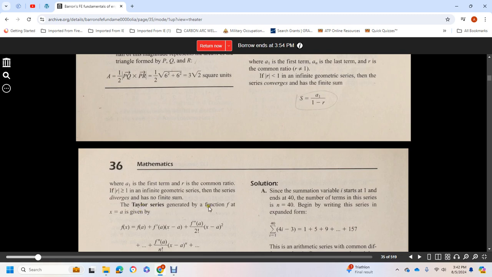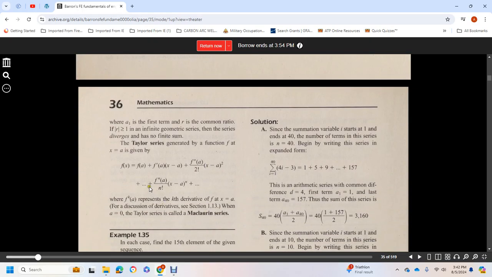The Taylor series generated by a function f at x equals a is given by f(x) equals f(a) plus f'(a) times (x minus a) plus f''(a) times (x minus a) squared over 2 factorial, plus and so on, up to f^(n)(a) over n factorial times (x minus a) to the n, plus whatever follows. Here f^(k)(a) represents the kth derivative of f at a.